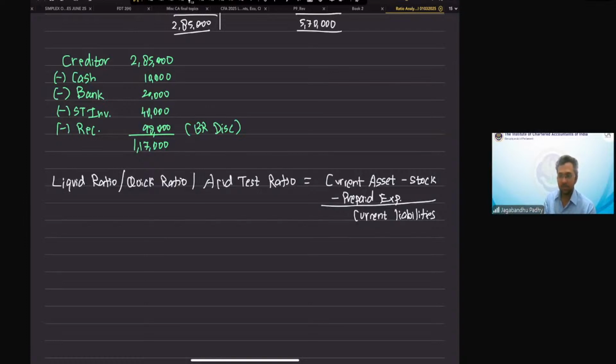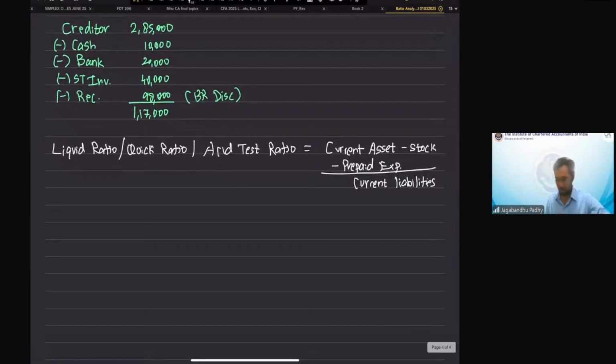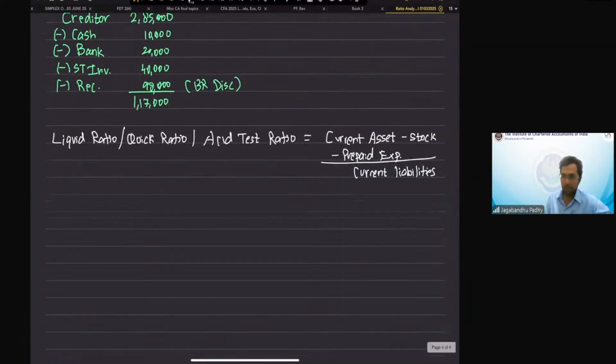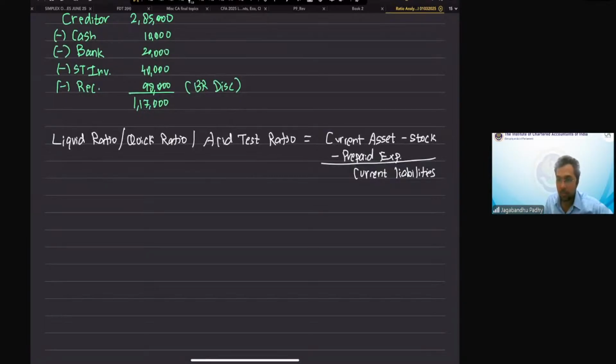Right, guys? So we are getting these modified ratios as current assets minus stock minus prepaid expenses upon the current liabilities. Well, we haven't subtracted the receivables here.